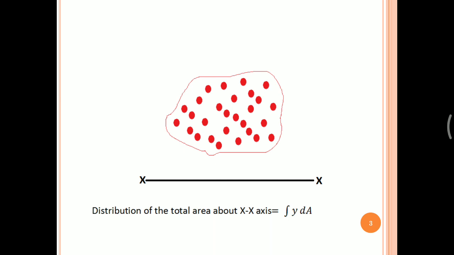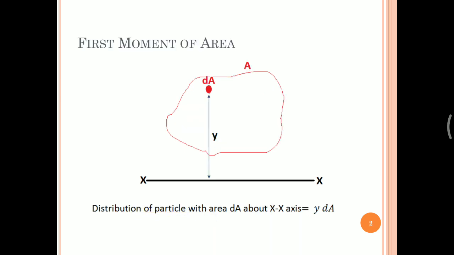It's not practical to cover the entire body using red dots, but the actual meaning of this figure is that I'm considering my entire area to be formed by small areas, say dA1, dA2, dA3, etc. And each area has a distance from the x-axis, say y1, y2, y3, etc. Now, in order to find the distribution of the total area about the x-axis, you can integrate the previous equation.